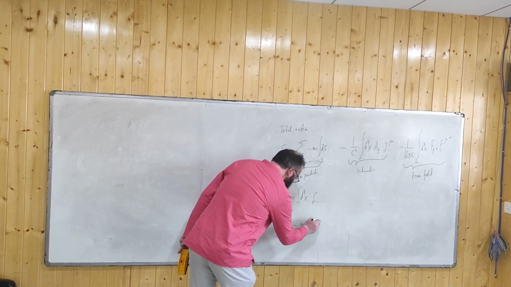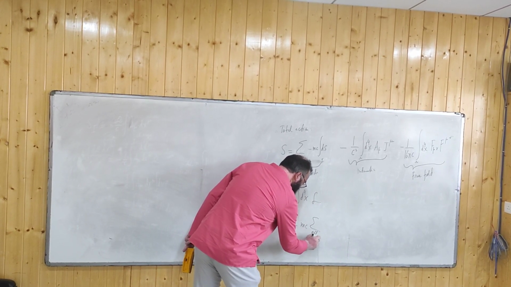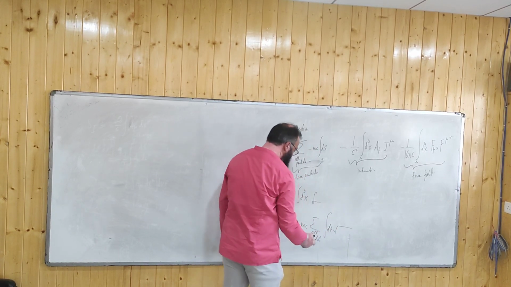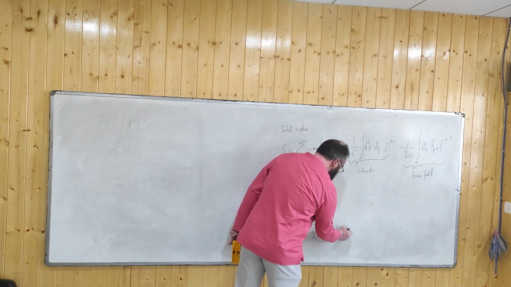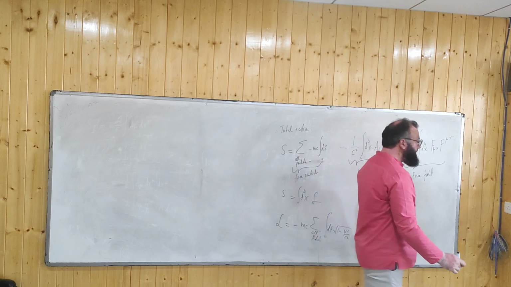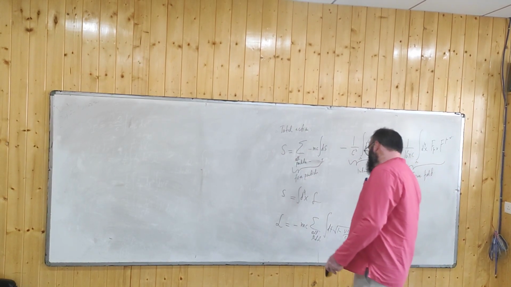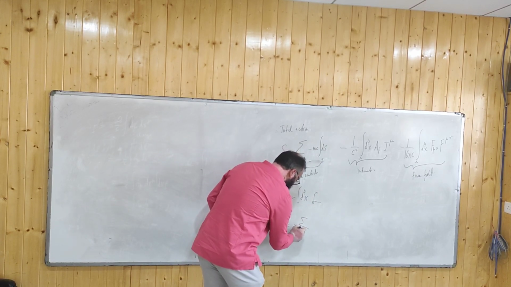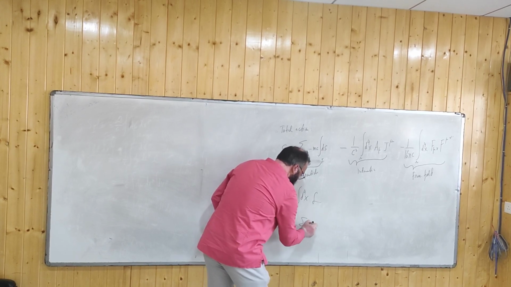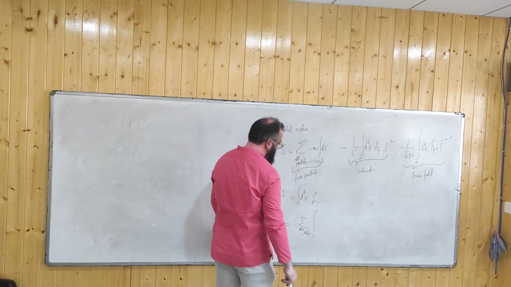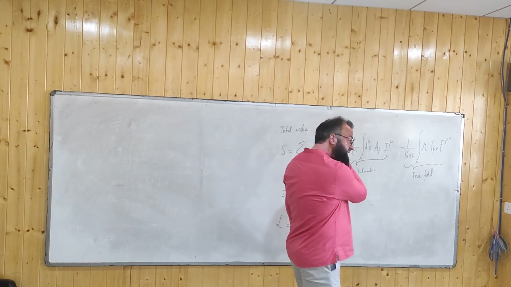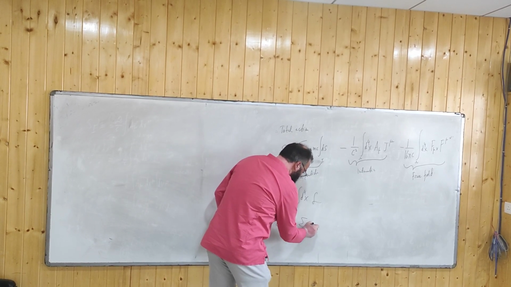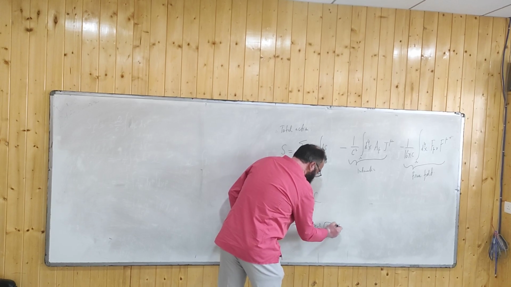It will be minus mc, sum over all particles, then minus mc square root of 1 minus v square by c square.